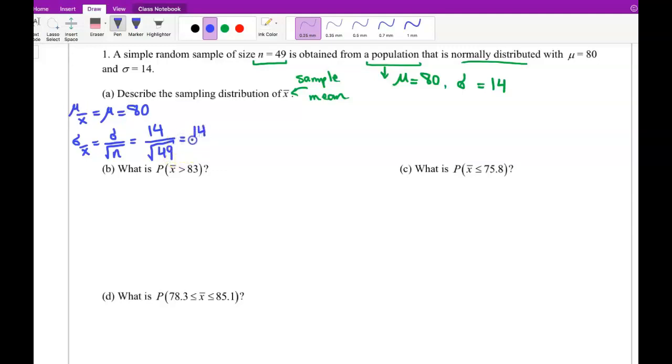So 14 divided by 7 is equal to 2. Adding this part, the sampling distribution is normal.